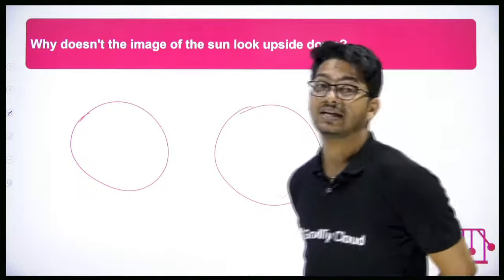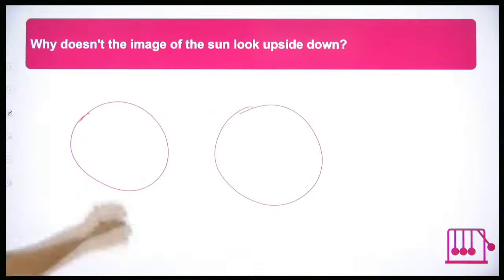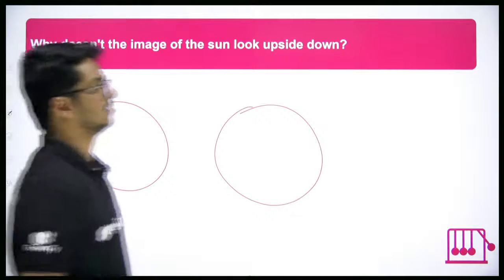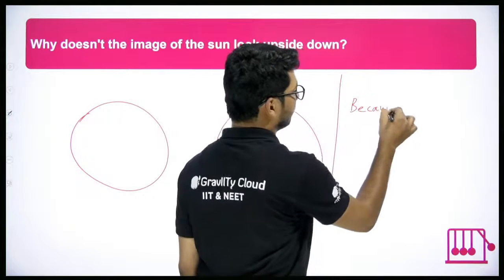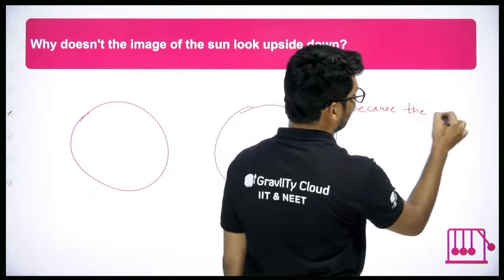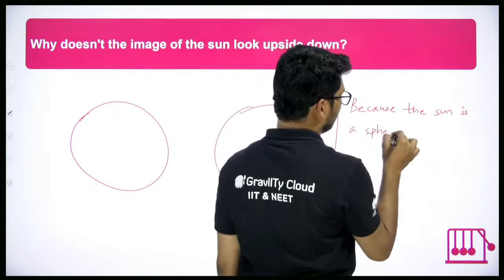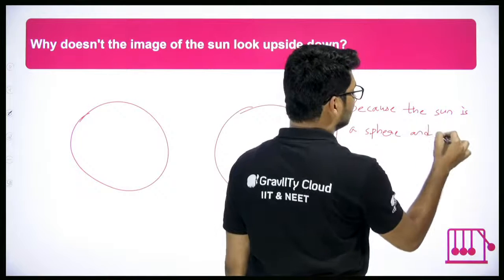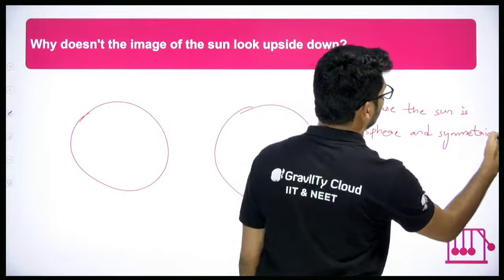Because it is a symmetrical shape, it is a circle, that's it. And so the reason will be because the sun is a sphere and symmetrical at the same time, so we cannot observe it.